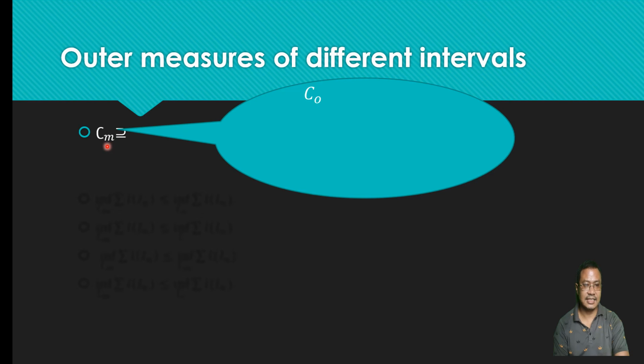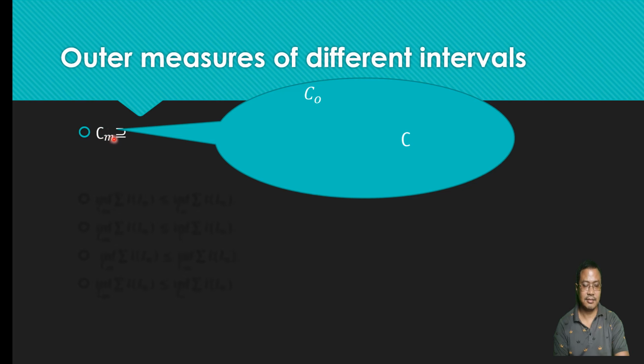This is the open interval collection, so this is a superset, a super collection of this one. And like that, the closed-open interval covers are also a sub collection of this collection of covers.